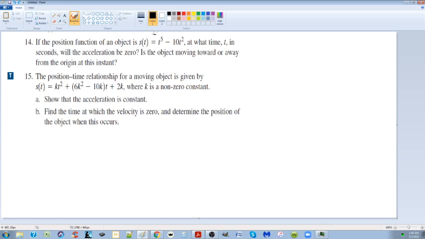So this is a to the power 5. And will the acceleration be 0? Okay, well, when the acceleration is 0, you'll have to determine from the velocity if it's moving away from the origin or towards. Okay, so let's find the first derivative.